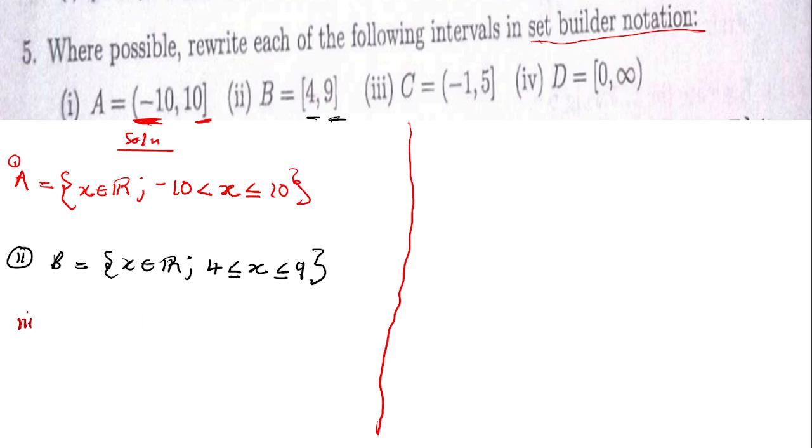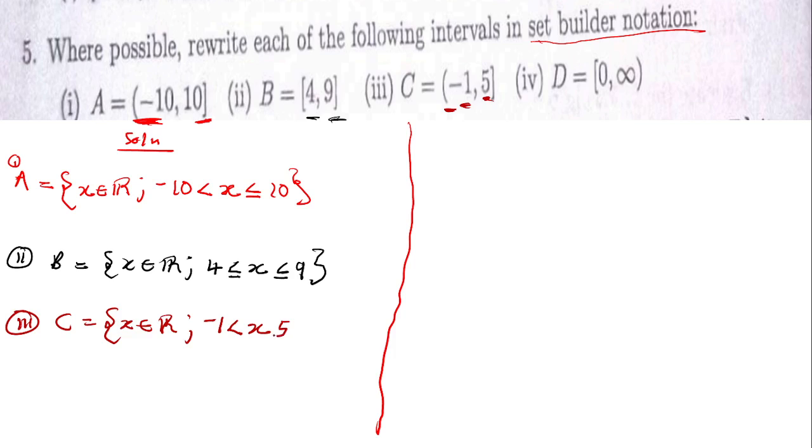Number 3 is saying you have C, so you say C, and then you say x is a member of real numbers. Then you say such that, you're going to easily get that -1 and put it there. Since this is the open bracket, you put a less than, then you put an x, and you write that 5 there.